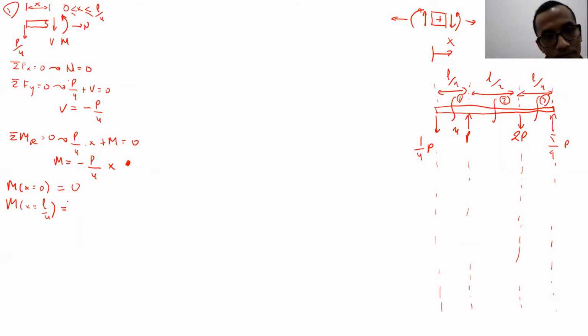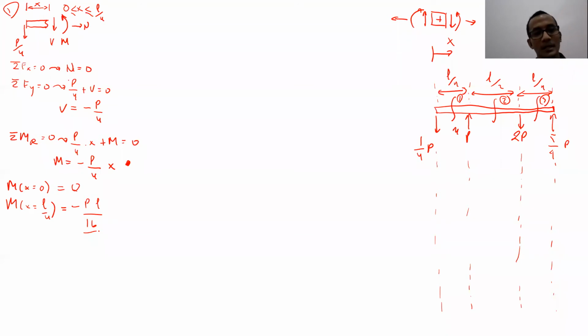Just put the value L over 4 there. So it's minus P over 4 times L over 4, so minus PL over 16, right? Yes.